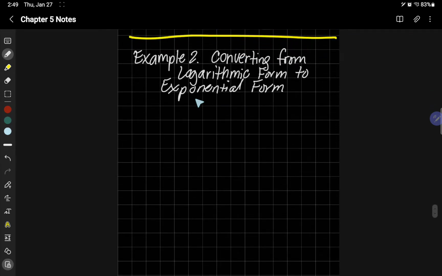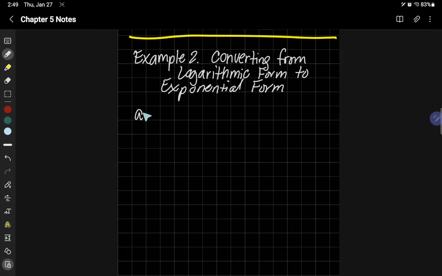Now I'm going to be doing example 2, where we do the reverse. We're going to be converting from logarithmic form to exponential form, and now you're really going to watch me as I do this. This is part of my notes, and I hope this really helps you.